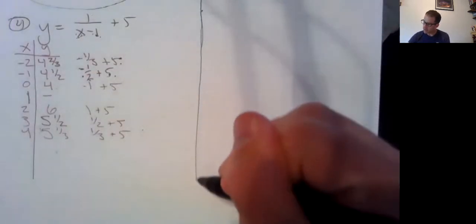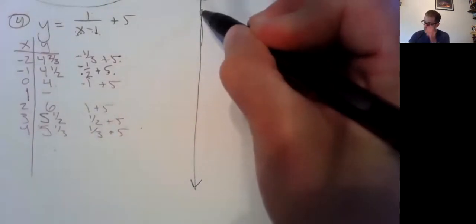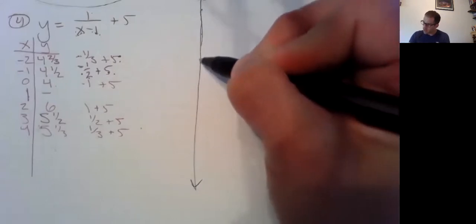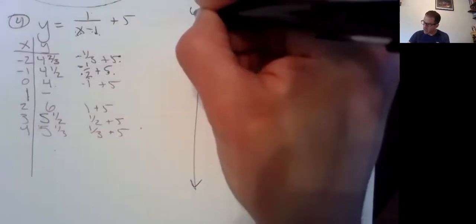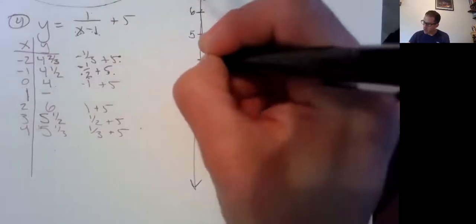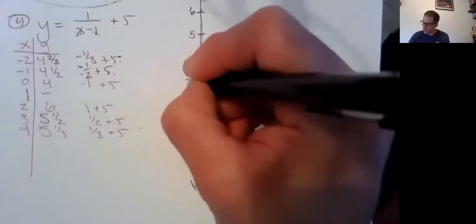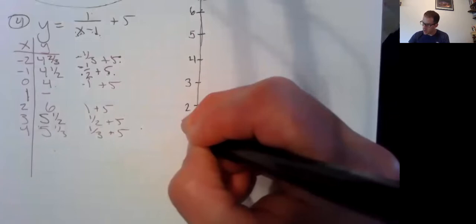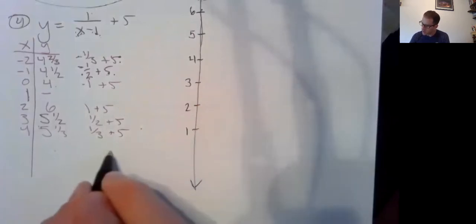I actually better be really smart about this. So let me just draw it like this. Let's say this is 6, 5, 4, 3, 2, 1.